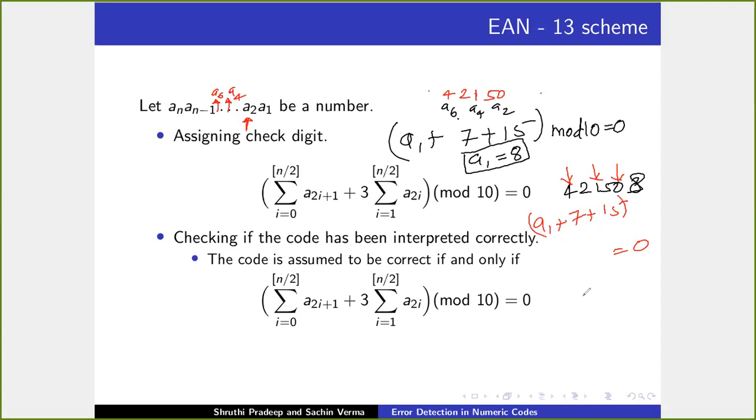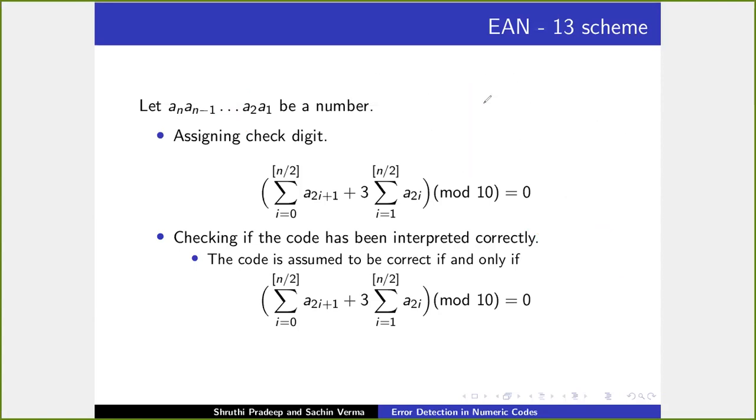So from here I'll get that the digit at the units place must be 8. Yeah, that's okay. You can go forward now. I think this is fine.